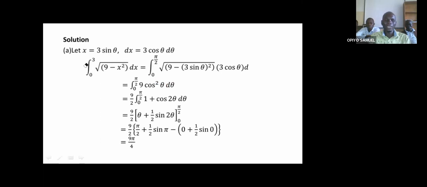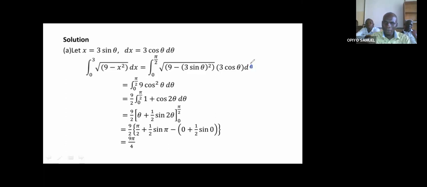So we can see we need to transform from x to theta. When we substitute for x, we get 9 minus (3 sine theta) squared times dx, which is 3 cos theta d theta.